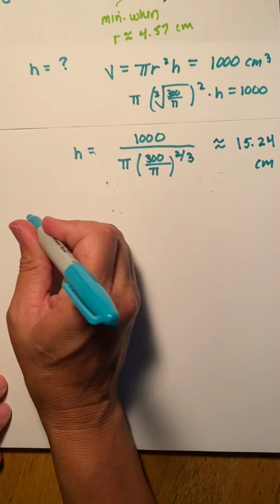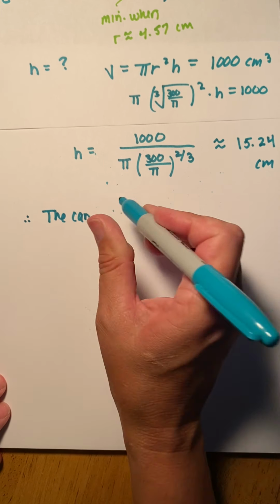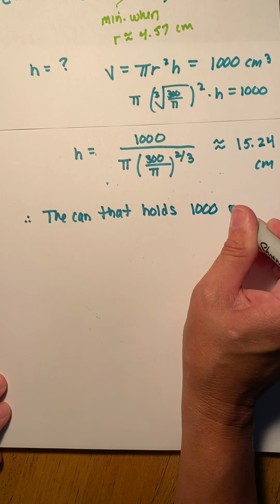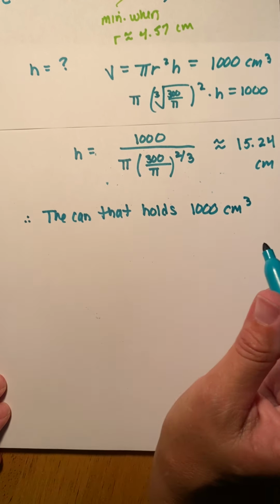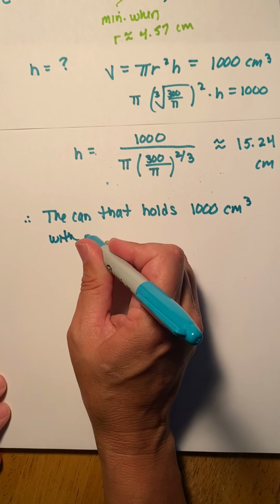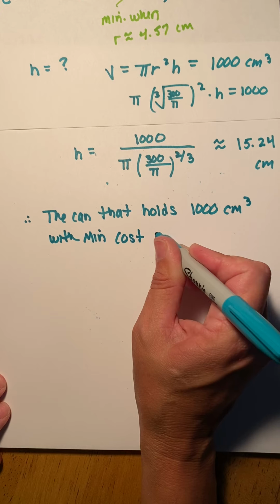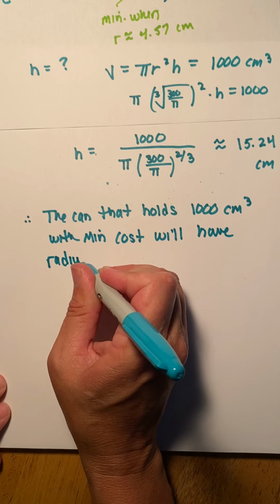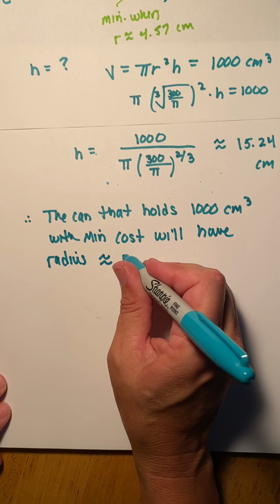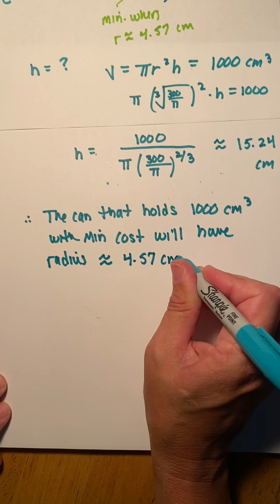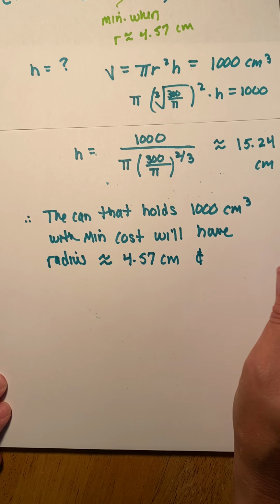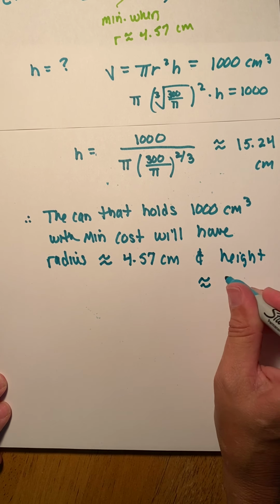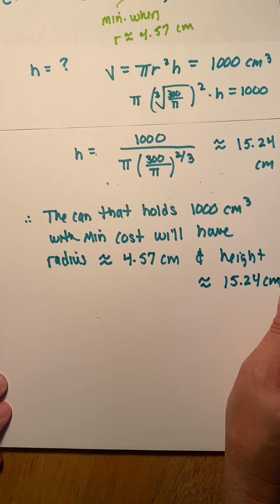So the can that holds 1,000 cubic centimeters with the minimum cost will have radius approximately equal to 4.57 centimeters, and height about equal to 15.24 centimeters.